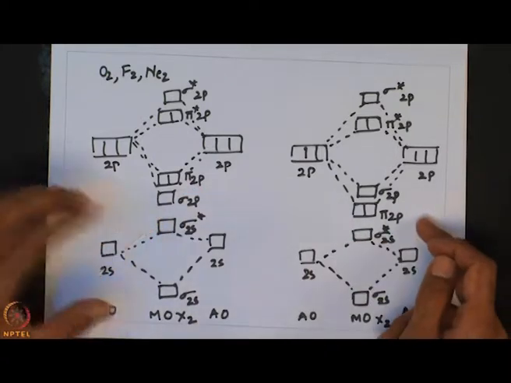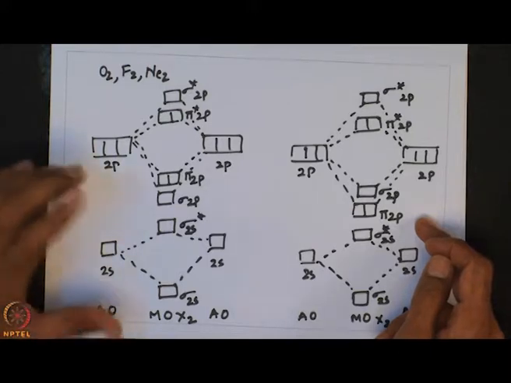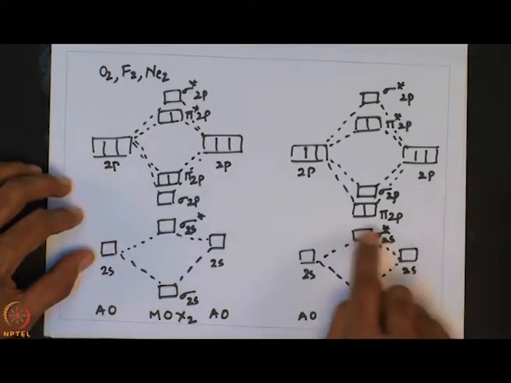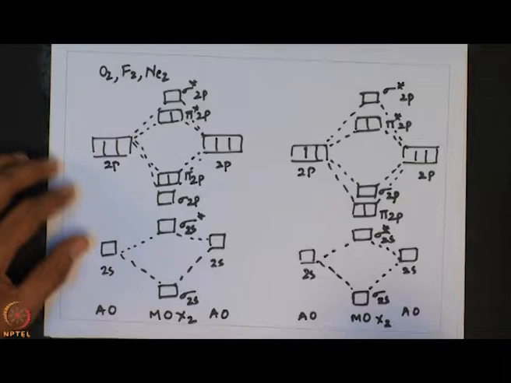In the same row, for group 13, 14, 15 elements, we have the opposite situation: pi 2p will be lower in energy compared to sigma 2p. Let us look into why that happens. Before I proceed, I pose a question here.